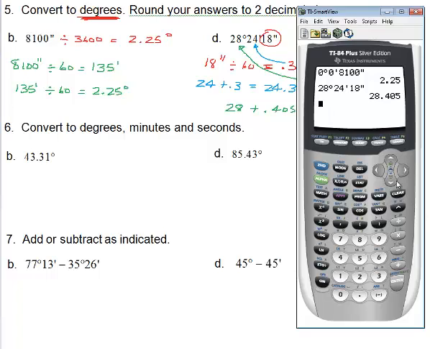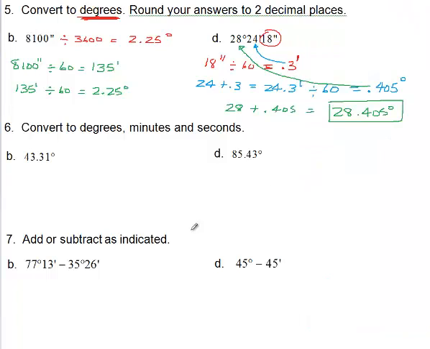Alright, let's minimize the calculator again and tackle the second type. How do you take a decimal degree and change it to degree, minute, seconds? Decimal degree to degree, minute, seconds. Alright, let's look at the first one now. Well, I know it's going to be 43 degrees, something minutes, something seconds already, because I don't need to convert the degree part.